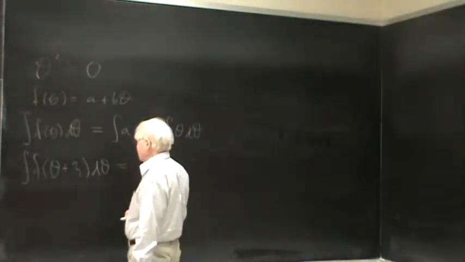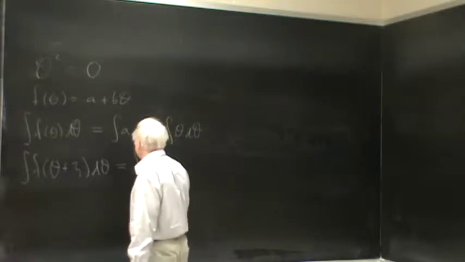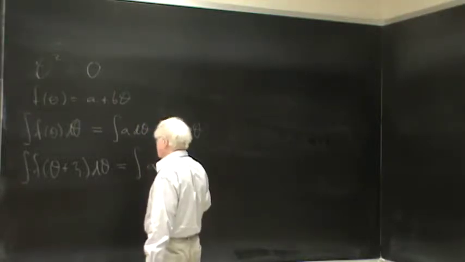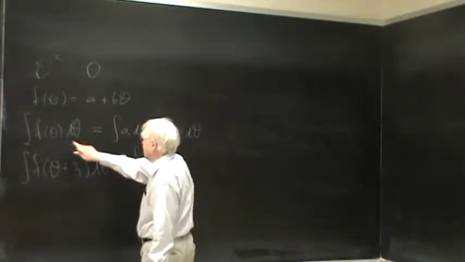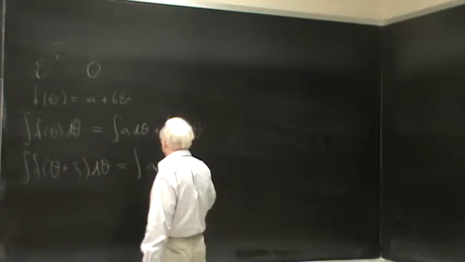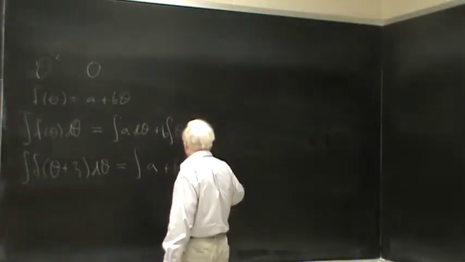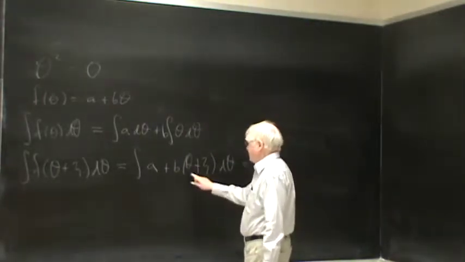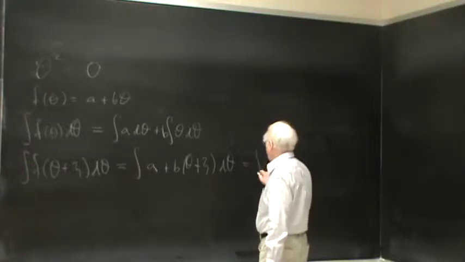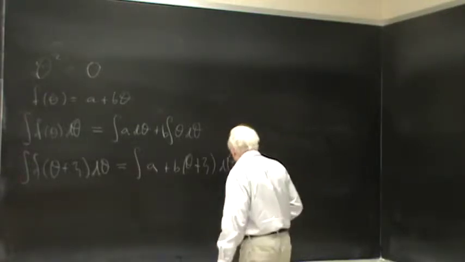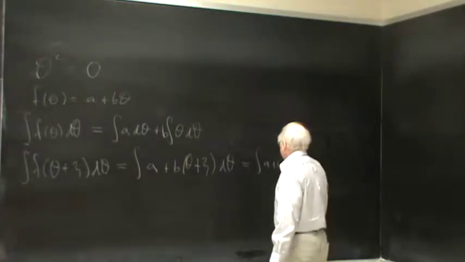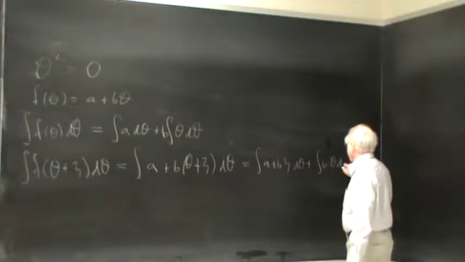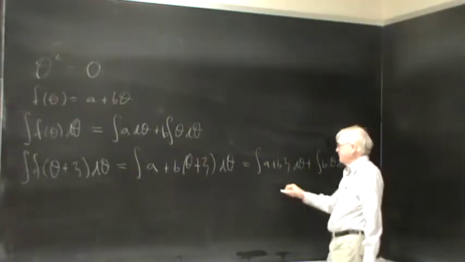And so what is this? Well, there's the function. So it's a plus b times theta plus zeta, d theta. And so this thing is, well, a plus b zeta d theta plus b integral theta d theta, rewriting it this way.